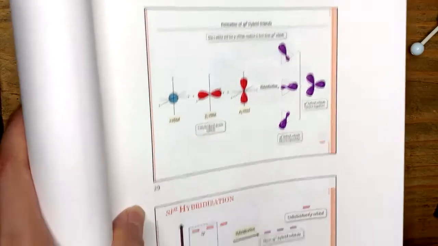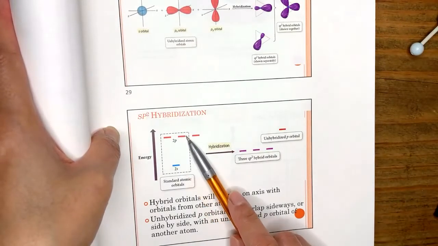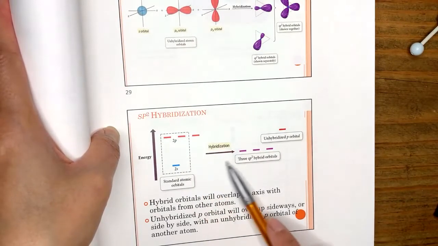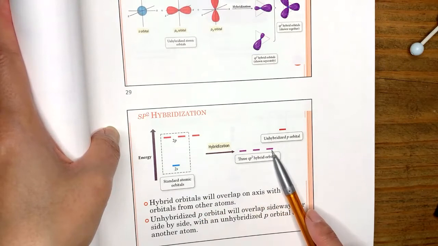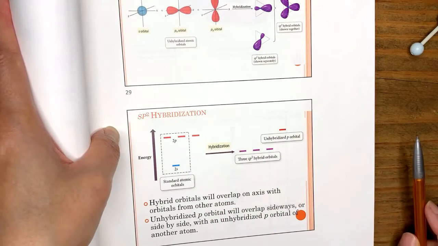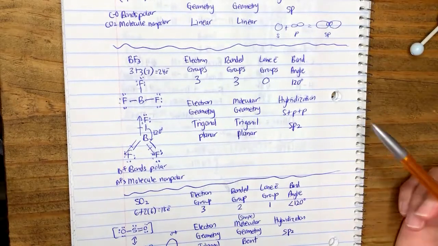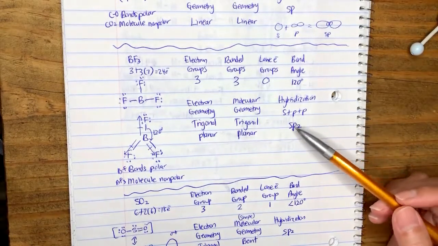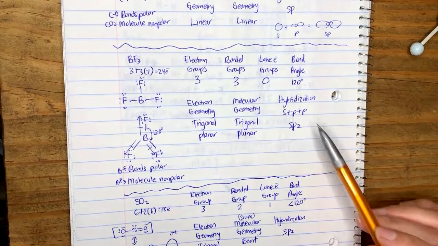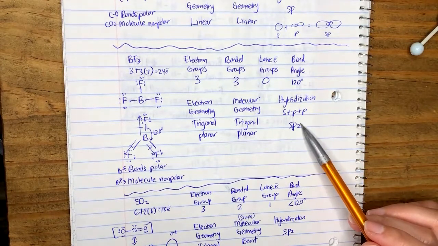Okay, and then if you were to look at the energy levels, it would look like 2s and 2p, and then you hybridize them and they become hybridized orbitals, and the other p that's still out there just stays up there like that. Okay, so that's the idea of hybridization. You're taking the lowest levels of energy orbitals, in this case s and p. So sp2 is the name for our 3 groups.